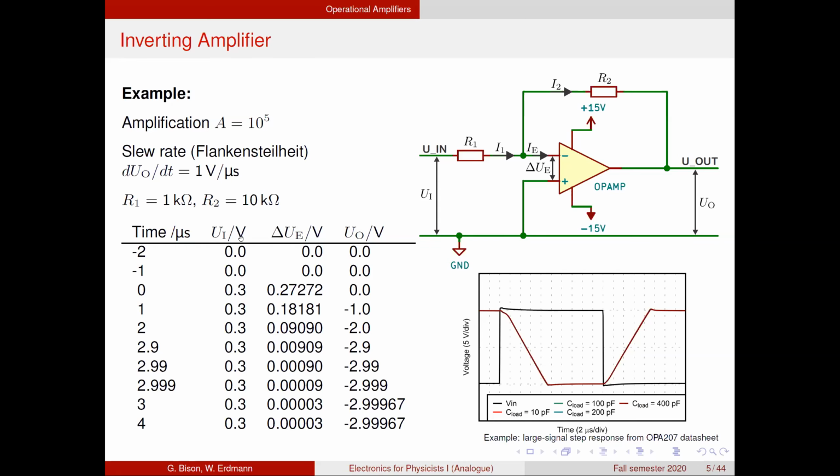And now with an op-amp that has 10 to the 5 amplification, having 0.27272 volts on the input means that the output wants to go to 27,272 volts.